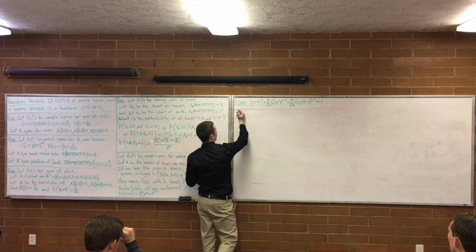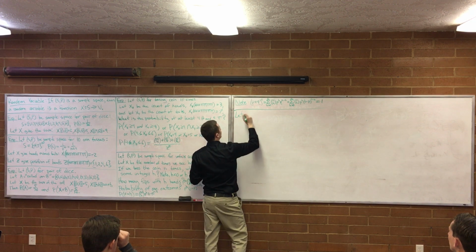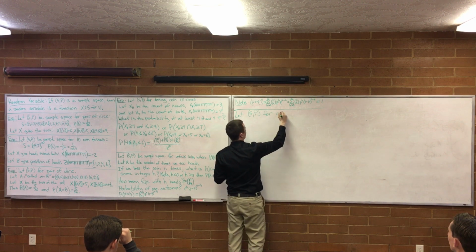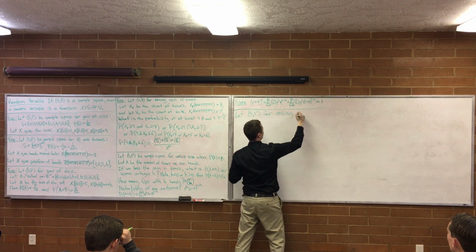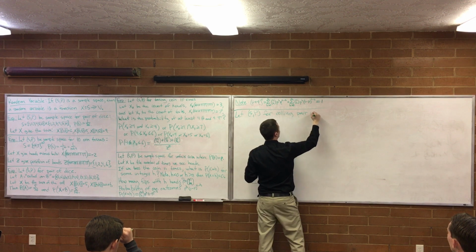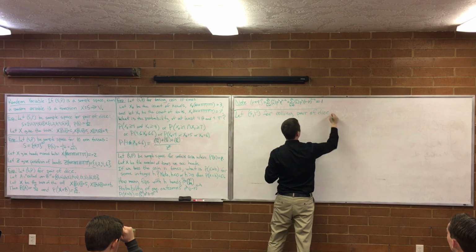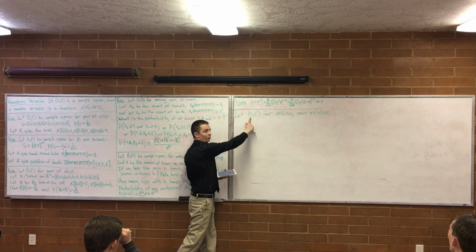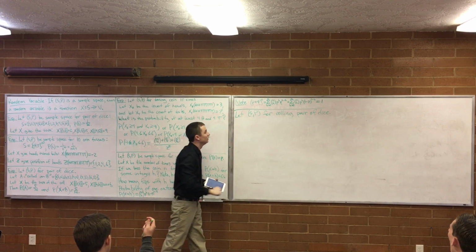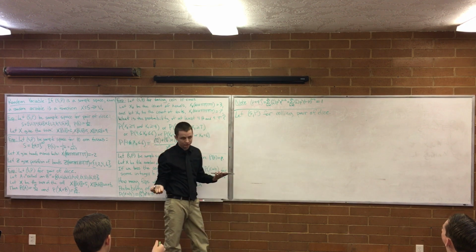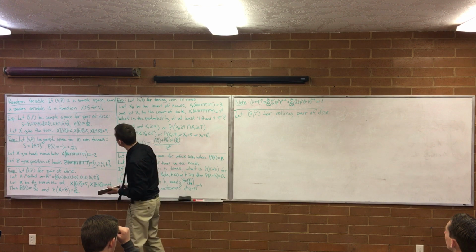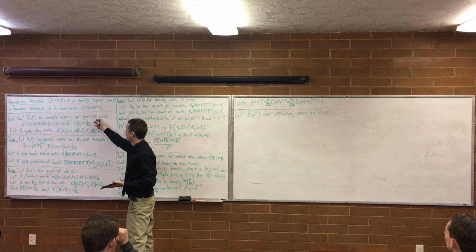So let's have S, P for rolling two dice, rolling a pair of dice. So S is all the ordered pairs (1,1) through (6,6), and P, let's just say it's a pair of fair dice, so P is just 1/36 for each outcome. So this is the sample space.